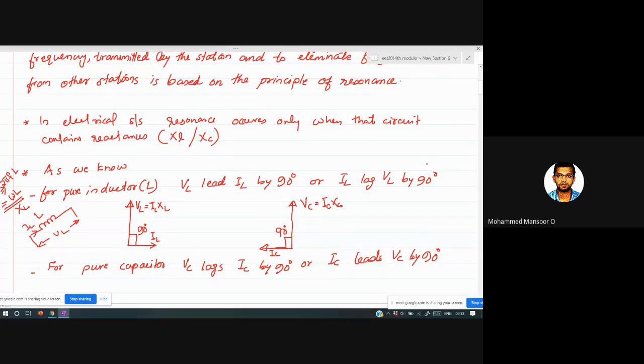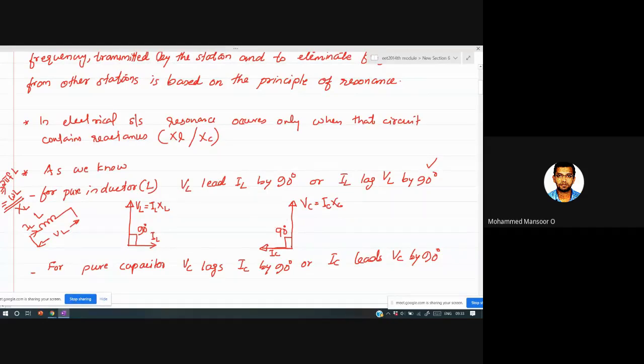Is this point clear? Next, in the case of a pure capacitance, current is leading the voltage VC by 90 degrees. In other words, the voltage across the capacitor is lagging IC by 90 degrees.